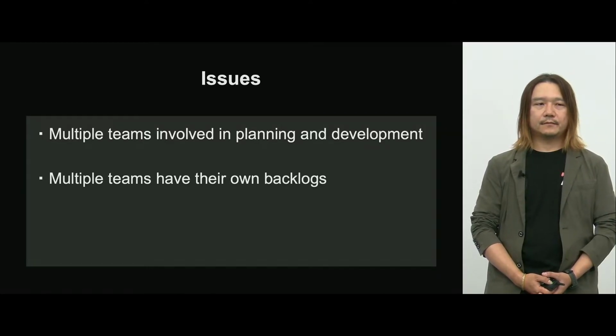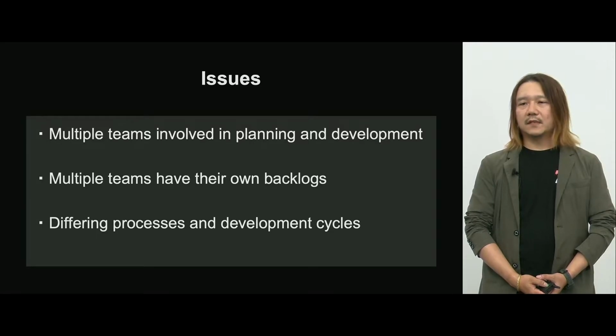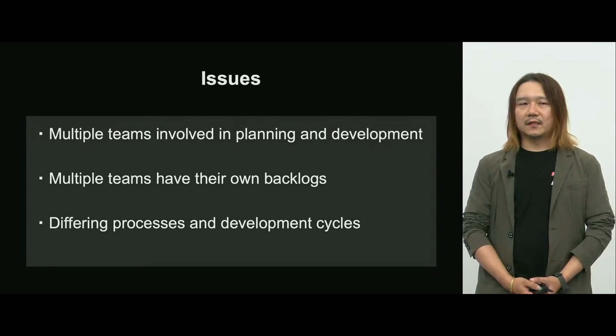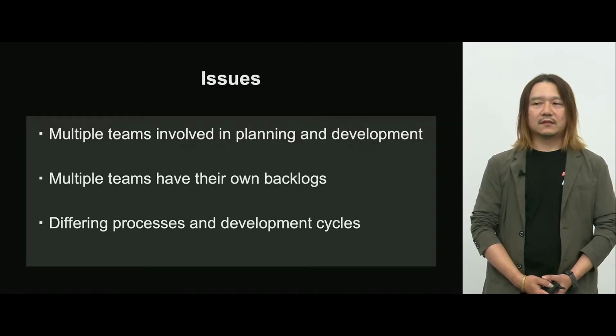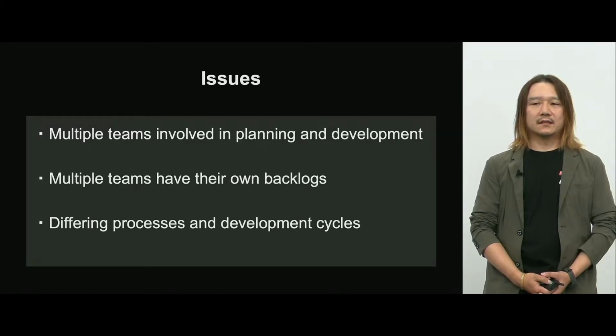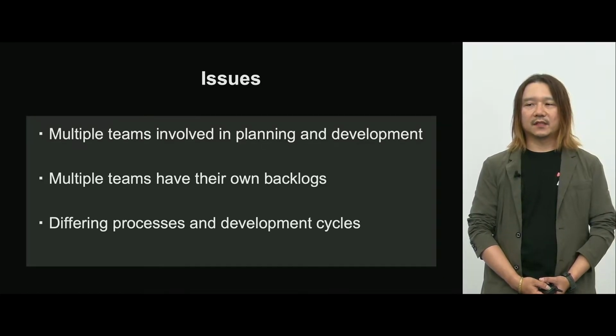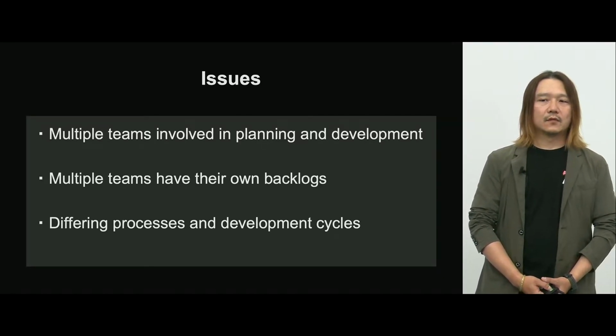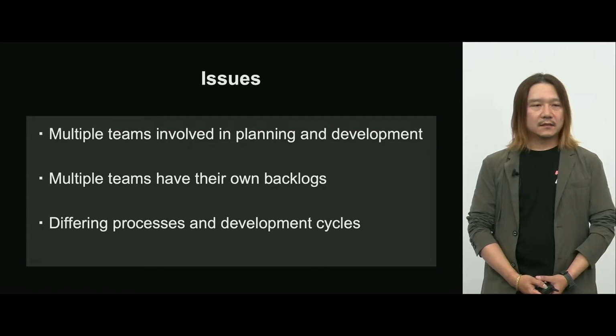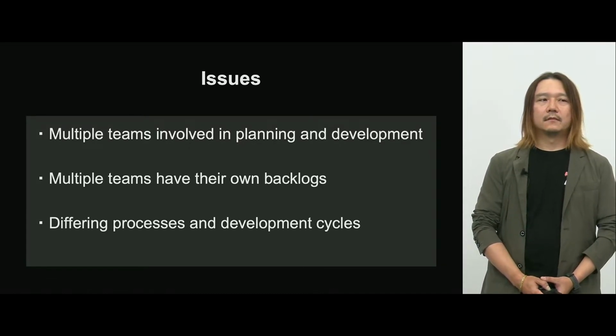They always had backlogs, and each team had different processes and development cycles. For example, one team may adopt waterfall, the other agile. Therefore, we don't know what the progress status is at present. And this is about the issues we had.